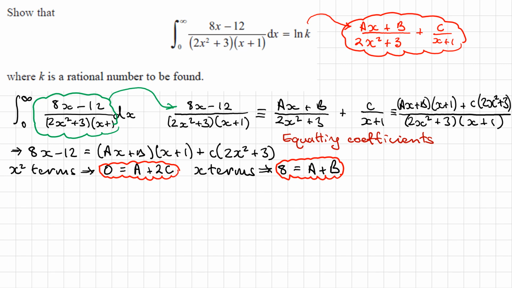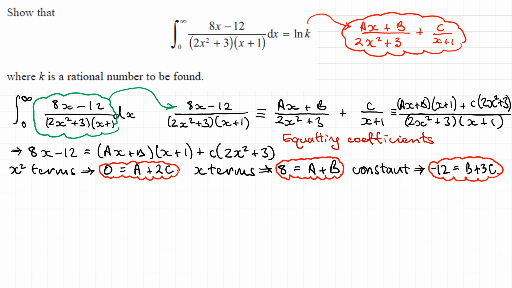Let's now equate the number terms, or the constant. If I equate the constant, then on the left hand side I have negative 12, and on the other side I will get 1 times b, and then I will get 3c. So b plus 3c. Okay, so that's going to be my third equation to solve.